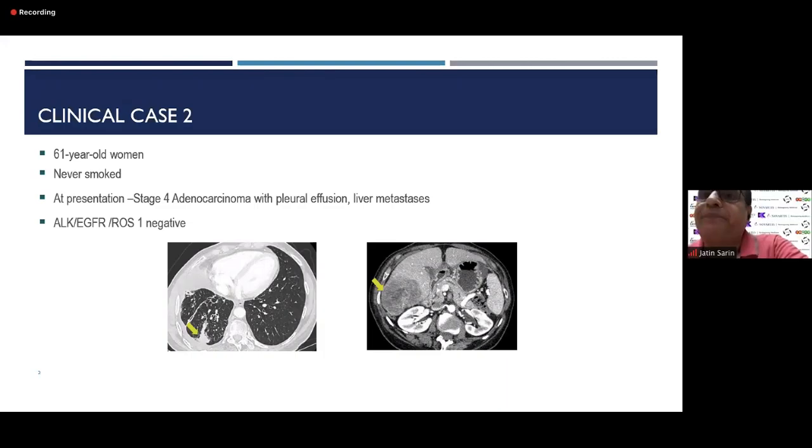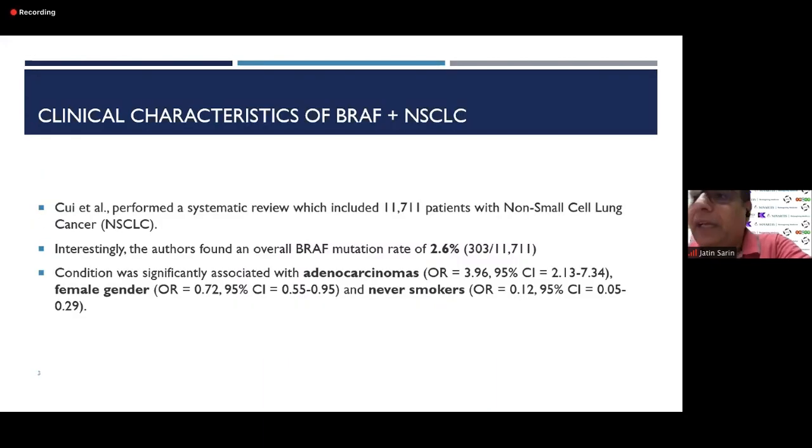Next slide. So the question to the panelists first is, what will be the way to treat this patient in the current scenario?